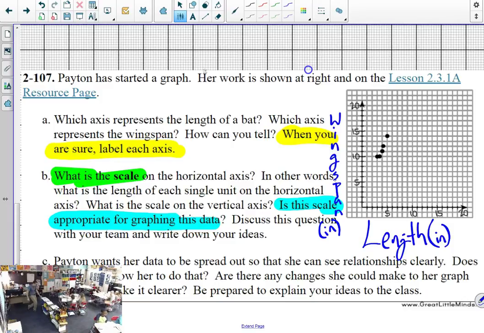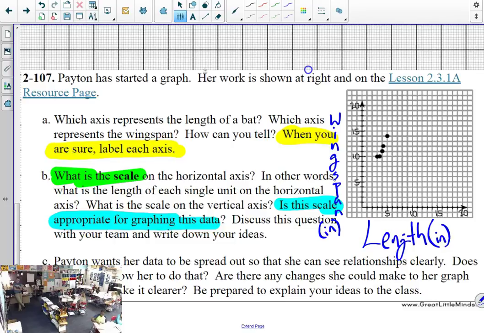So then Zoe, when it asks us what the scale of our graph is, what is scale? If you don't know, that's what I'm here for. Scale actually means two different things. In this case, when we're working with graphs with axes, it's saying how much are we counting by when we move boxes.